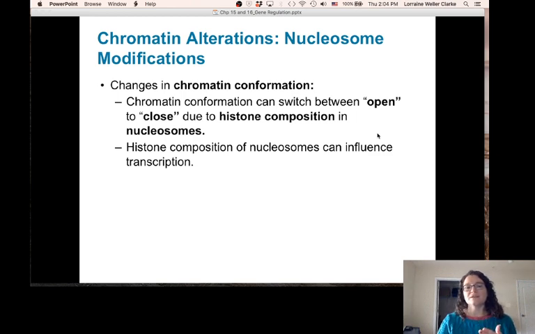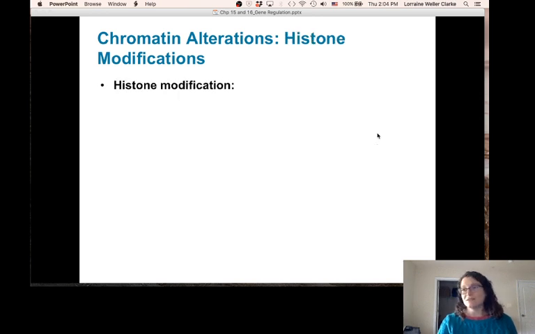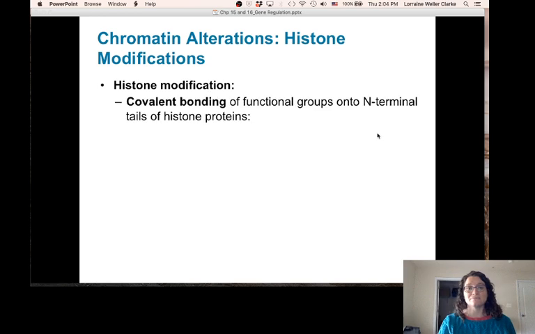Changing the histone composition of nucleosomes can influence transcription. Basically, RNA polymerase is going to attack any of the DNA wherever it can and start transcribing, so you have to keep it from doing that if you want to have specific gene expression. In order to modify the histones, you covalently bond these functional groups onto the tails.